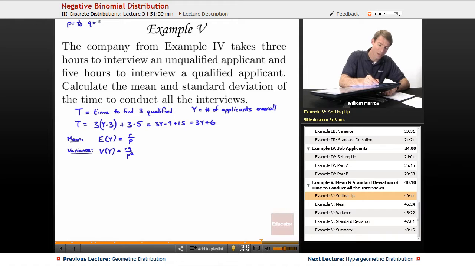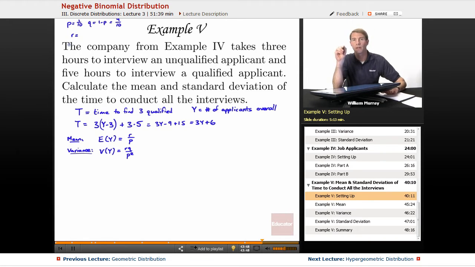Q is always 1 minus p. So that's 9/10. And R is the number of successes that we're looking for. So in this case, we have 3 job openings. I got that, by the way, from example 4, the fact that we have 3 job openings. So R is 3 in this case.